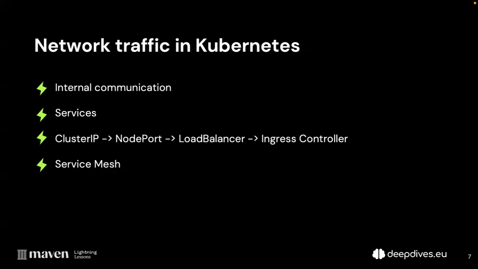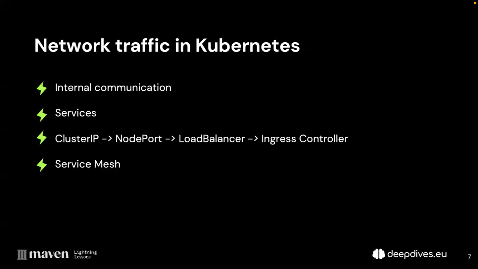And how do we now connect to those services? Well, they come in different implementations. Now, from a networking point of view, the most basic service is backed by something called a cluster IP.